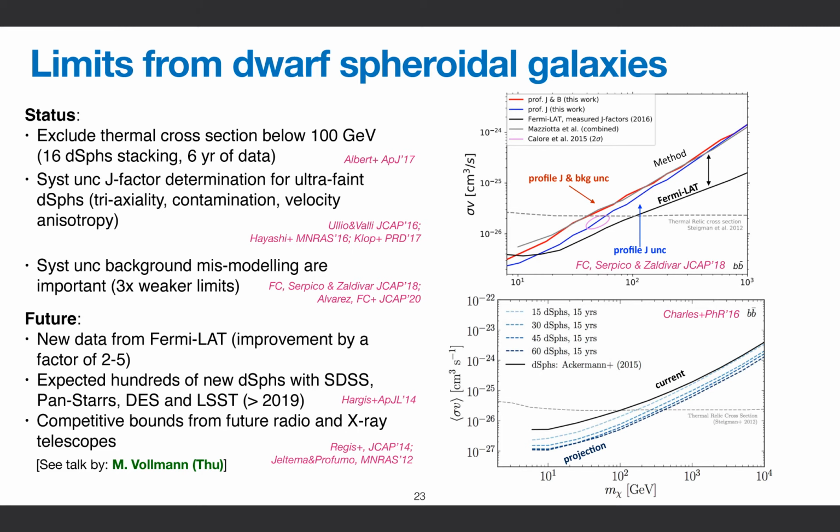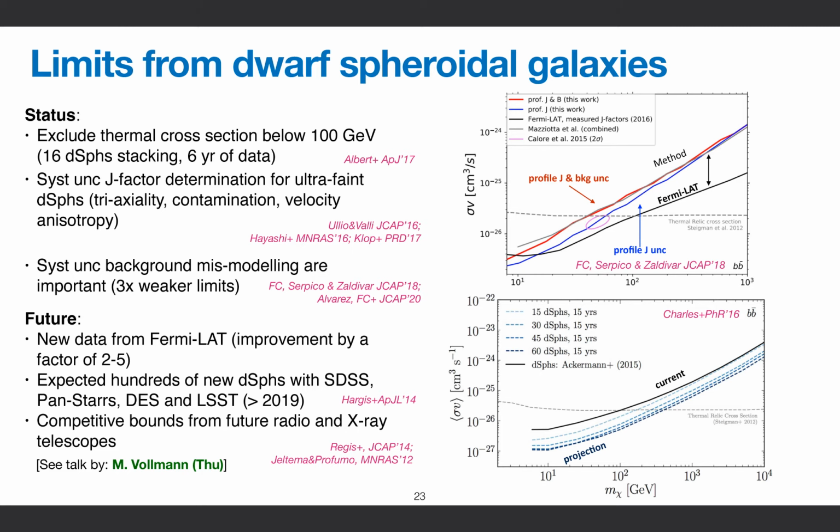However, there are large uncertainties that affect the robustness of the determination of the content of dark matter in dwarfs, and this has been discussed in several papers, as well as the background uncertainties that you have in the determination of the astrophysical foreground and backgrounds at the dwarf position. And all these uncertainties actually can weaken the limits from dwarfs by a factor of 2 to 3, putting them again in competition with other kinds of targets.